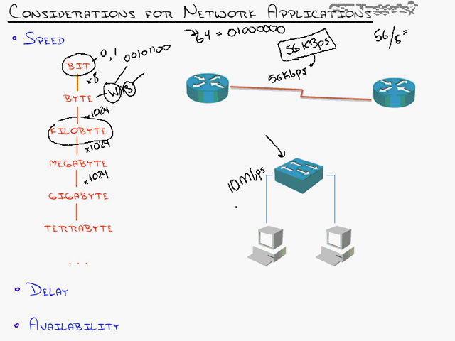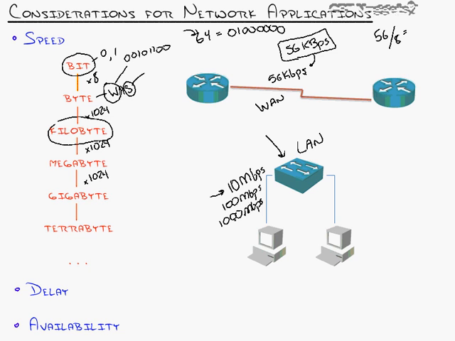Even though nowadays network cards running at 10 megabits per second are considered slow, compared to our WAN links, notice these are our LAN links and these are our WAN links, that's a fairly fast connection. Modern computers and modern switches run at either 100 megabits per second or even 1,000 megabits per second. Most people call that a gigabit per second link. So those are the kinds of speeds we get used to on the LAN.